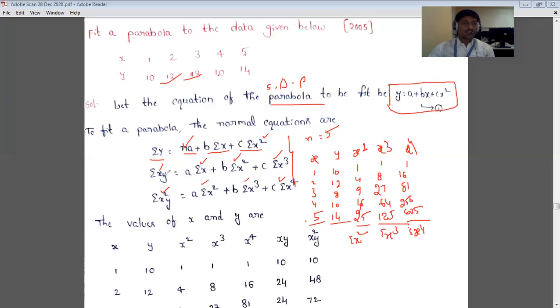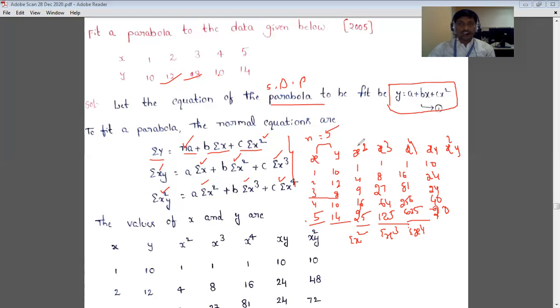Now coming to this side, we require xy and x square y. xy is nothing but multiplying these two terms: 1 into 10 is 10, 2 into 12 is 24, 3 into 8 is 24, 4 into 10 is 40, and 5 into 14 is 70.